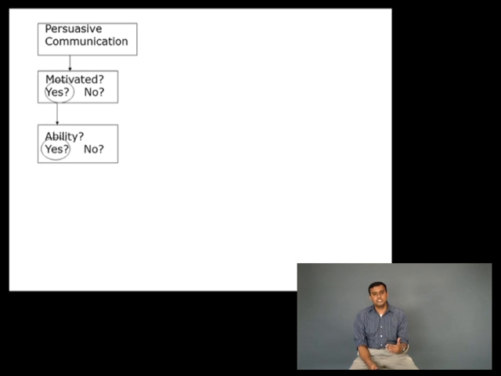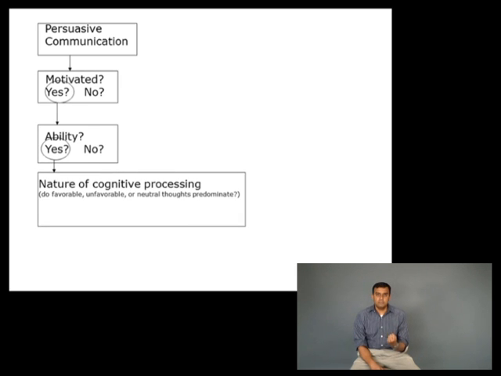And if both of these conditions are met, then there's a chance that you could get them to process cognitively the messages. And in the process of cognitively processing the messages, their attitudes, if they're unfavorable, could be turned to become favorable attitudes. If they're already favorable, you could build on those and make them stronger attitudes.